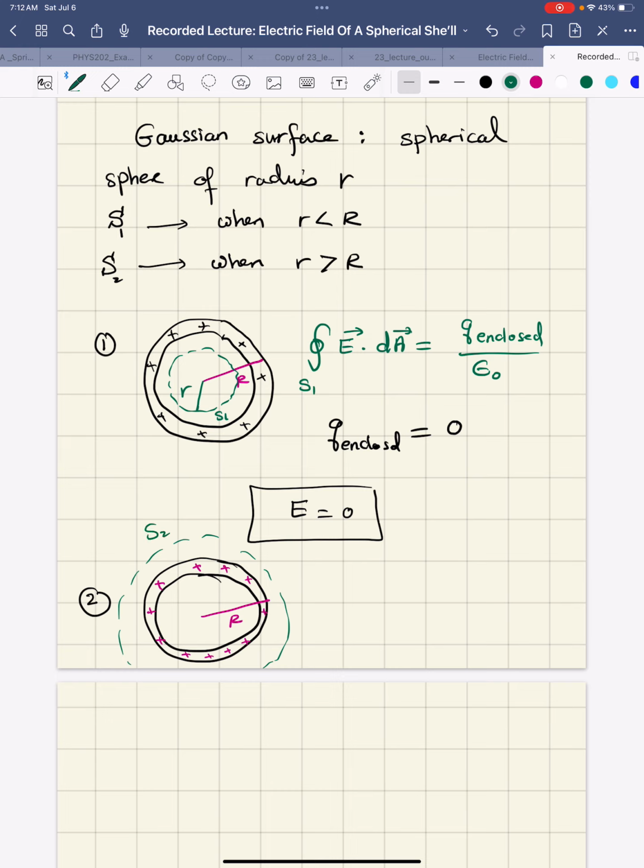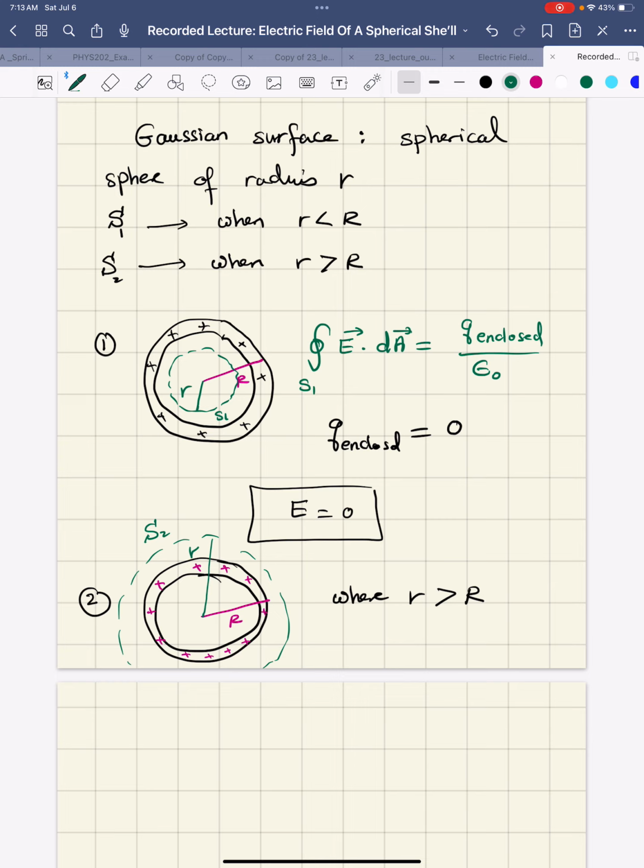This is S2. Now I'm going to talk about the region where r is greater than the radius R.